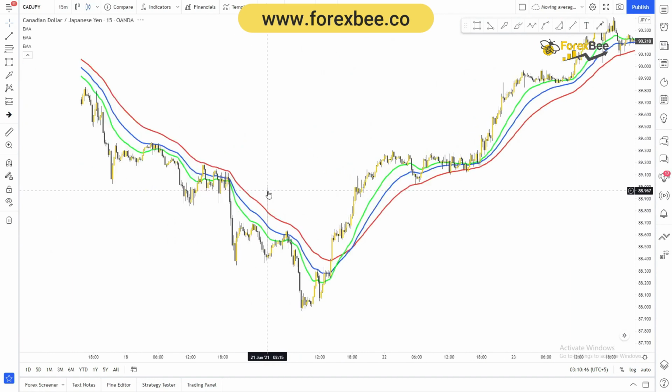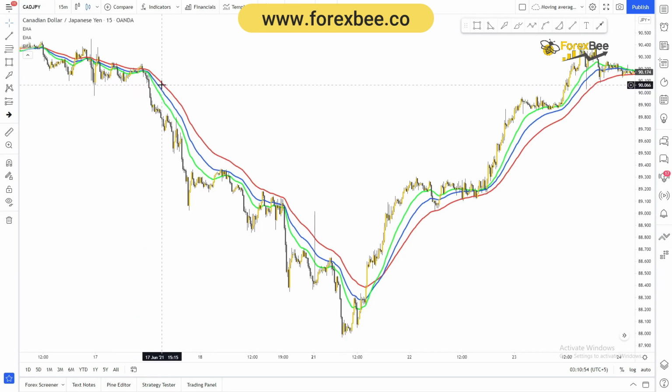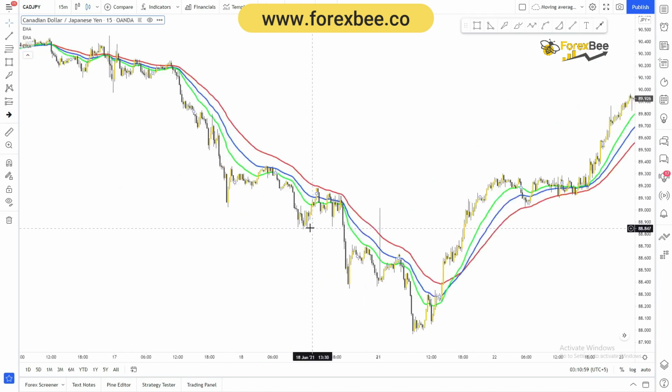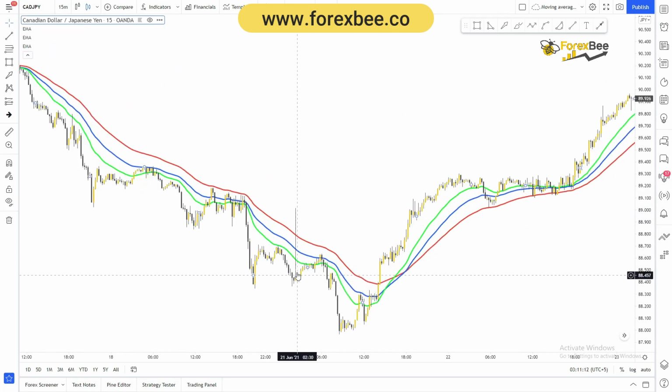So here you can see as well that as long as the small moving average is below the large time frame moving average, the market is trending downward. Here you can see that the candles did cross the 38 time frame moving average, but again the bearish trend continued. And here you can see the formation of a very big wick candle, and then again the bearish trend continued.